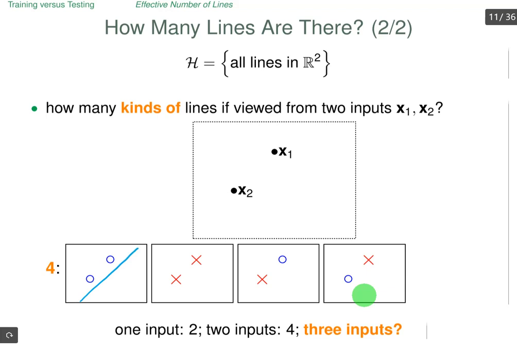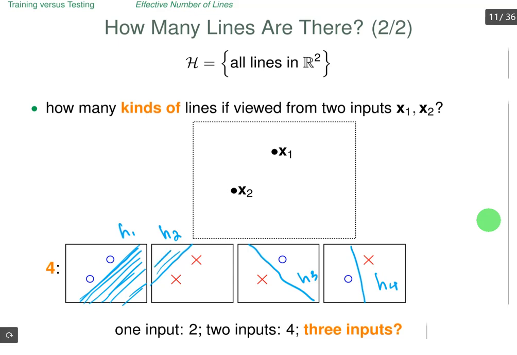So we can have H1, H2, for example, H3, or H4, right? So we can group all possible hypotheses into one H1 type and H2 type, and all the hypotheses that lie here as H3 and H4.